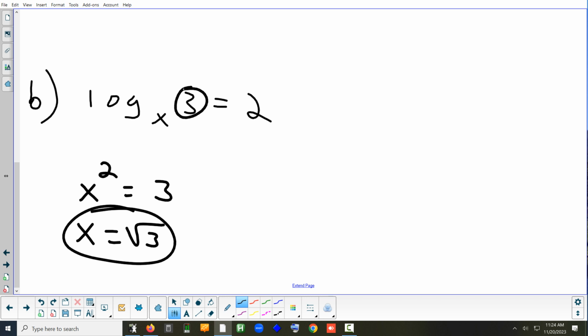Technically, we only talked about the argument being greater than 0, but the same rule applies for the base. Both the base and the argument have to be numbers bigger than 0. So negative square root of 3, even though it would be a solution to this equation, it's not a solution to the log problem because it's not in the domain. Any question on that?